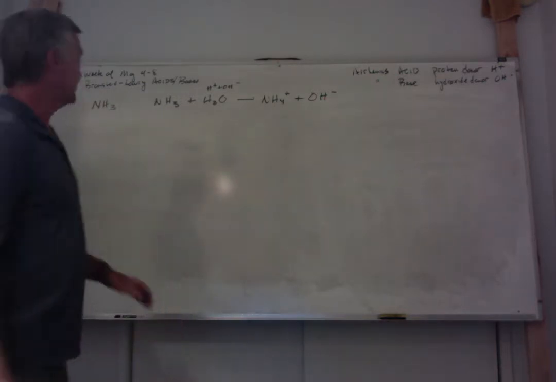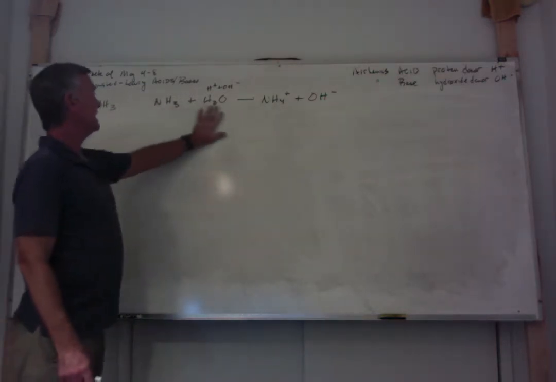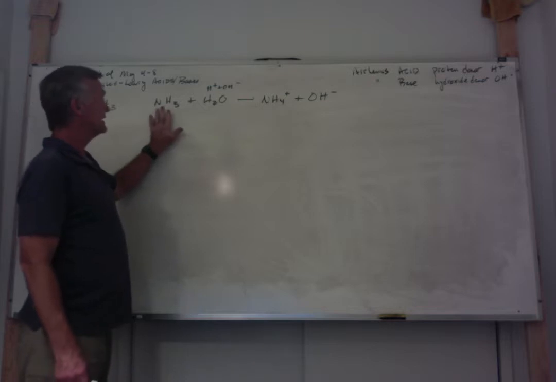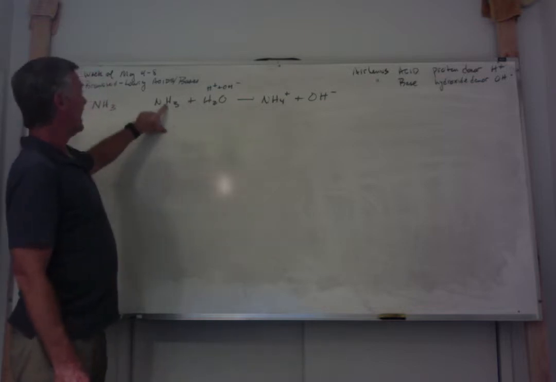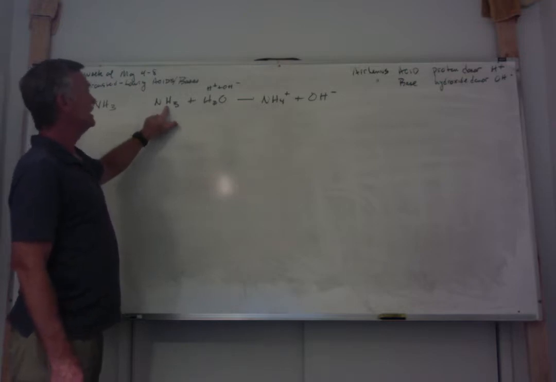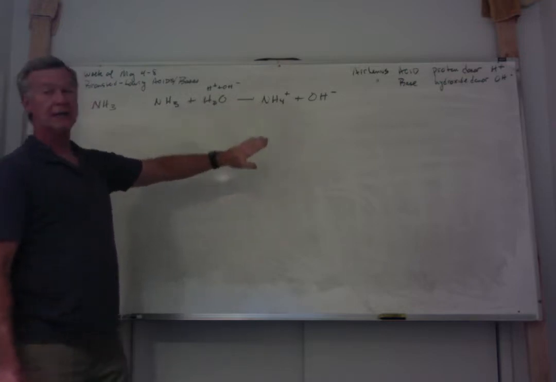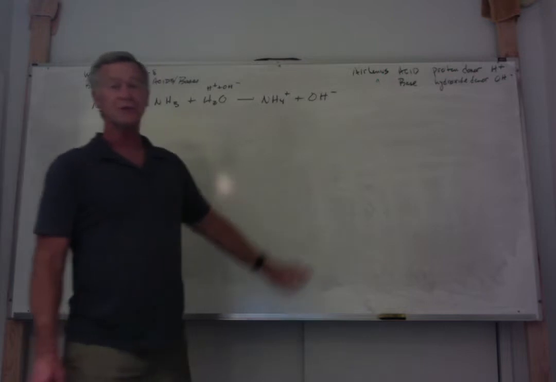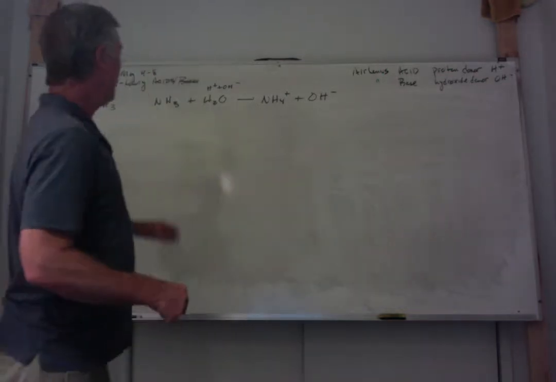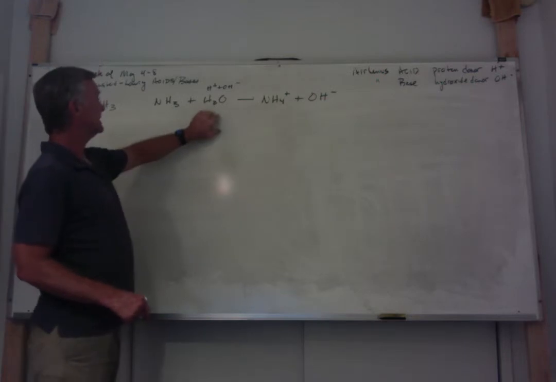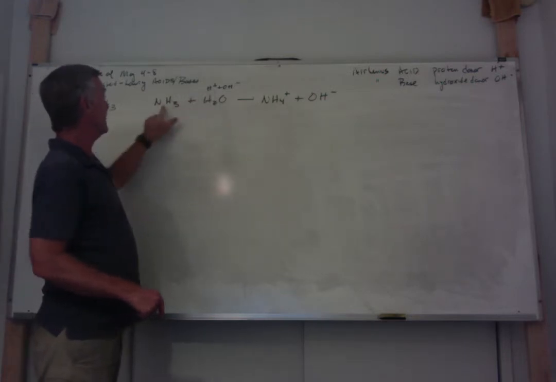Now, when you look at that, you say, okay, but this isn't a base. This is an acid-base reaction. But notice what happened to your ammonia. It did not give away an OH. Now, there's an OH that was produced, but that came from the water. So the water, in a sense here, produced the H+.